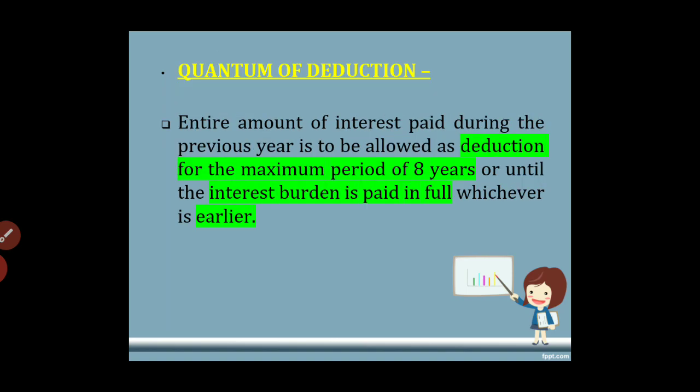And how much is the quantum of deduction? So the entire amount of interest can be availed as a deduction for maximum of 8 years or interest burden paid in full, whichever period is earlier. I hope students deduction under section 80E is clear to you, right?